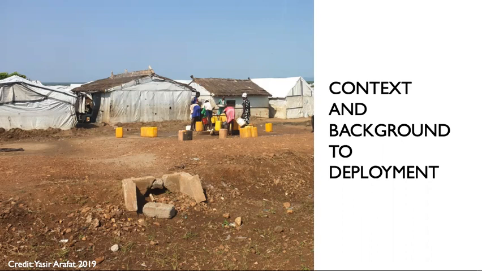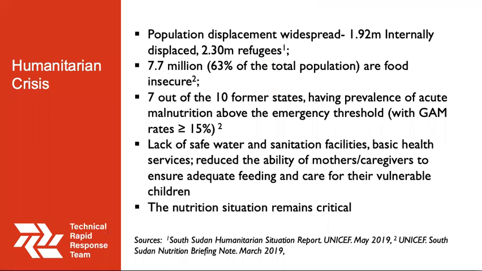In 2013, civil war within South Sudan started, and this placed a lot of people in humanitarian emergency, with a lot of displacement, widespread movement of people from one corner of the country to another. It has been estimated that 1.9 million people were internally displaced and over 2 million left the country into the neighboring countries as refugees.